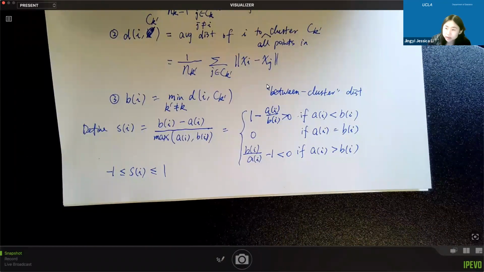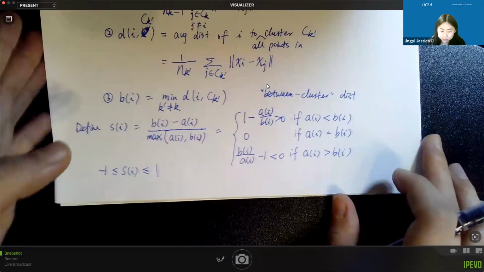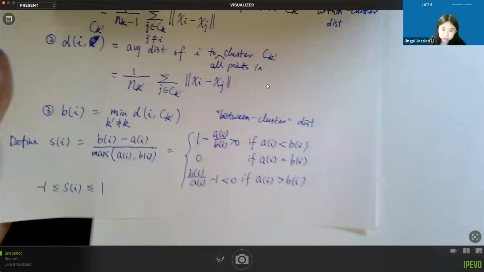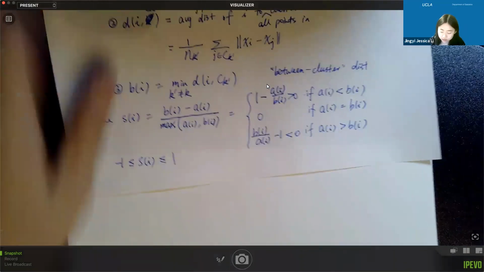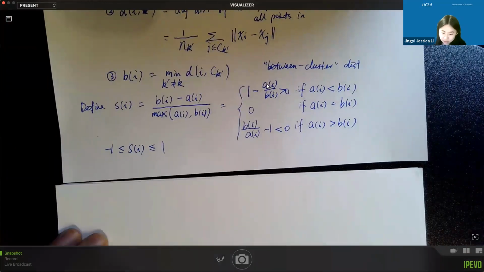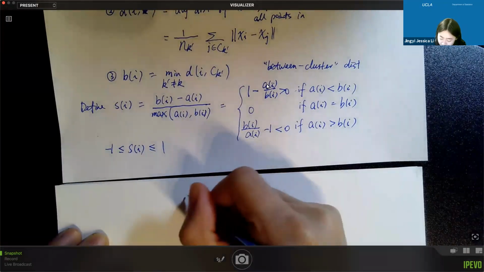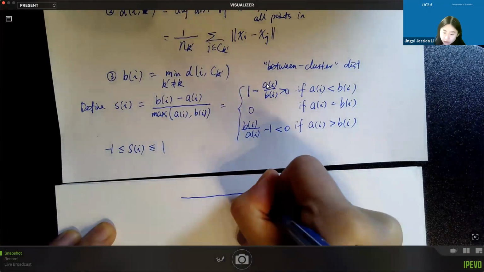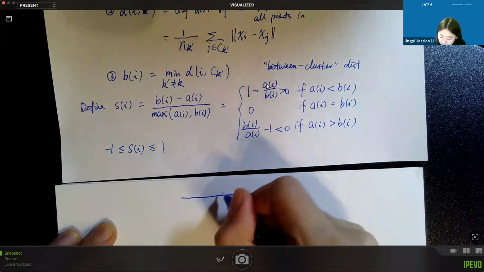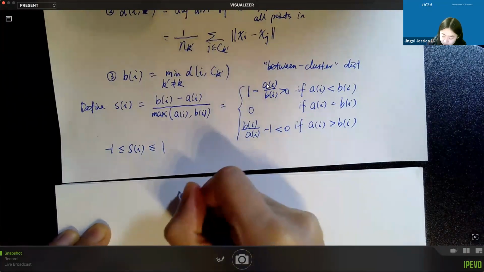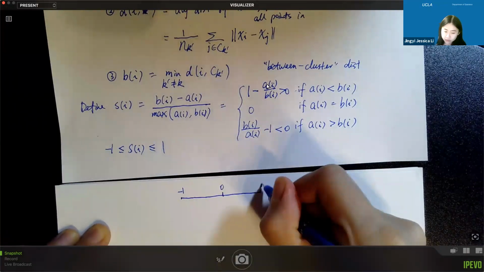So then what will a silhouette plot look like? The silhouette plot will be something like a bar plot. So it's a horizontal bar plot. What we will have is the horizontal axis as 0 here, negative 1 here, positive 1 here.